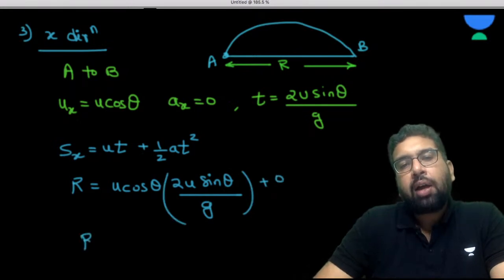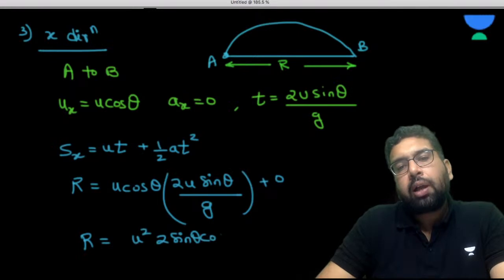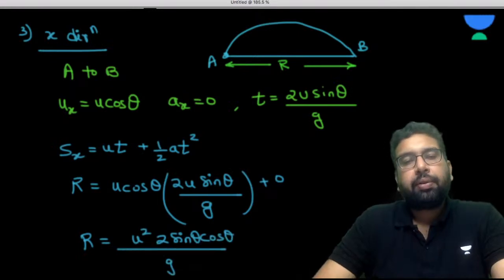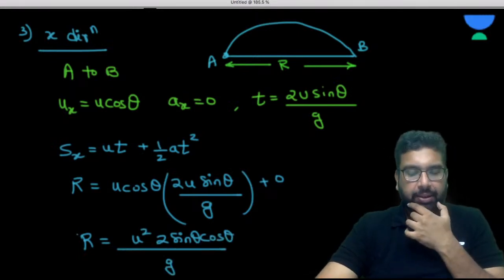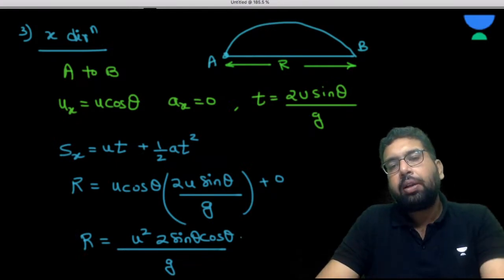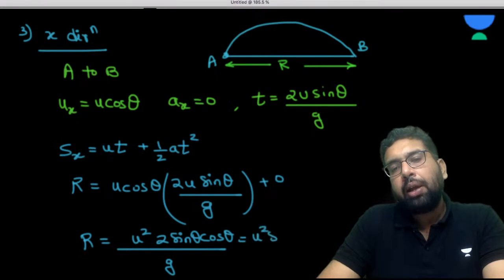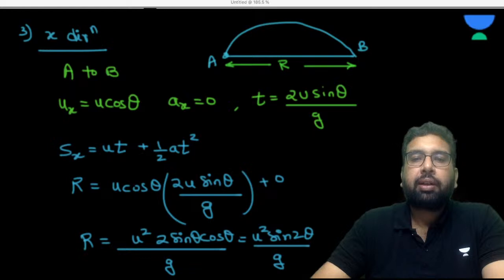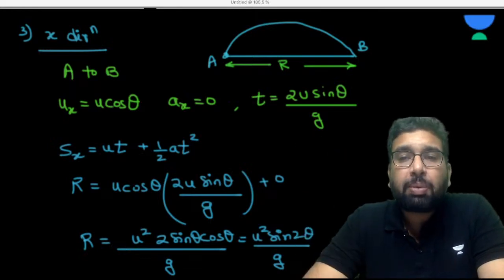Now this R will become u square into 2 sine theta cos theta upon g, right? Now from there you can write R is equal to u square sine 2 theta upon g. Is that fine? This is again one formula that you normally memorize.